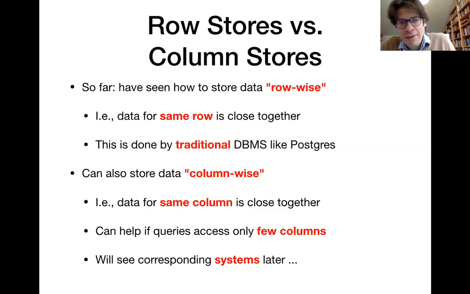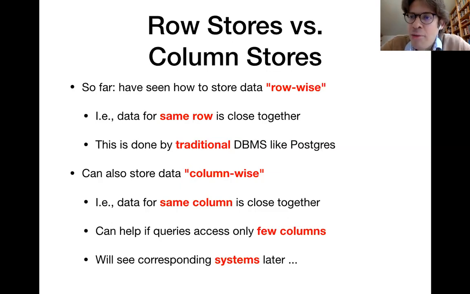If you have this, then with the row store format, you would load entire data pages. Like one of those pages is the unit at which we retrieve data, for instance, from the hard disk. And if you load one of those pages with the row-wise format, it would contain data about all the different columns for specific rows.